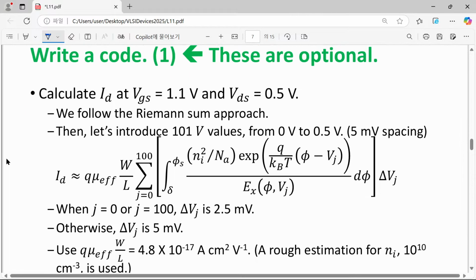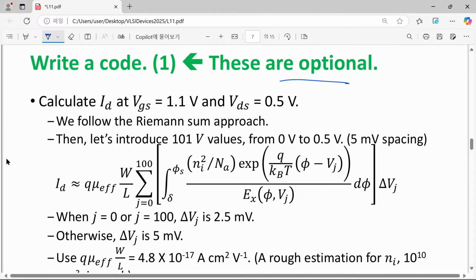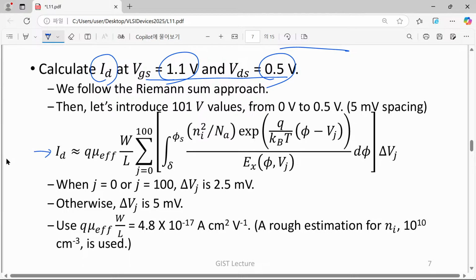I have prepared a simple code for you. Of course, this is optional, so when we approach the end of our lecture, I will just stop. If we, for example, try to calculate the ID at a certain bias point, this is somewhat arbitrary. If you want, you can test any arbitrary value, for example, high gate bias and moderate drain value. Then how can we actually evaluate this Pausa double integral? Please have a look at this expression. What is it?